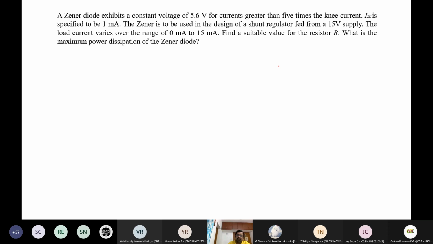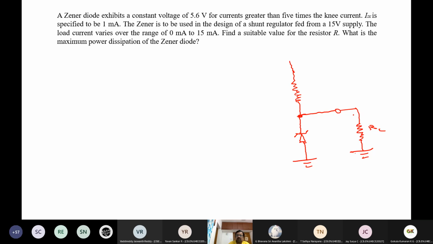So it is always useful to draw the circuit. These circuits are not very difficult to draw. This is the shunt regulator design.